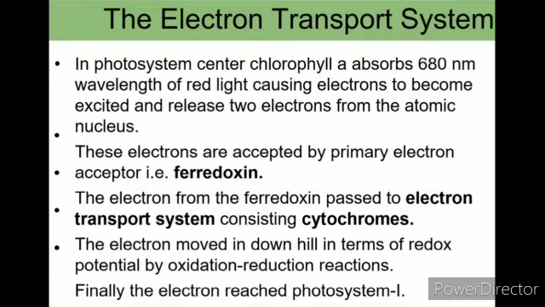The electrons from the ferredoxin pass to the electron transport system consisting of cytochromes. The electrons move downhill in terms of redox potential by oxidation reduction reactions. Finally, the electrons reach photosystem 1.